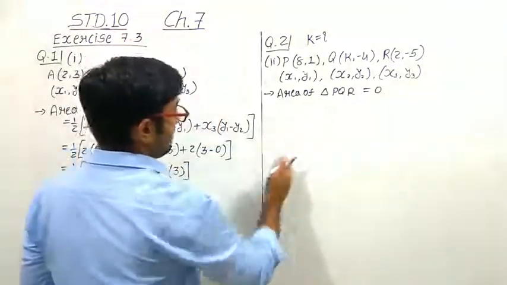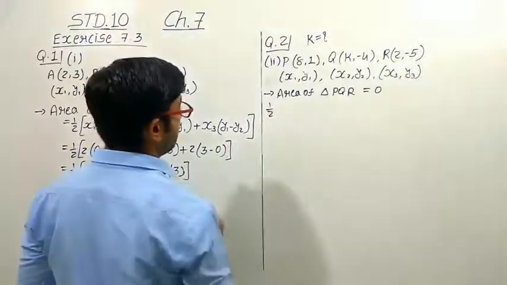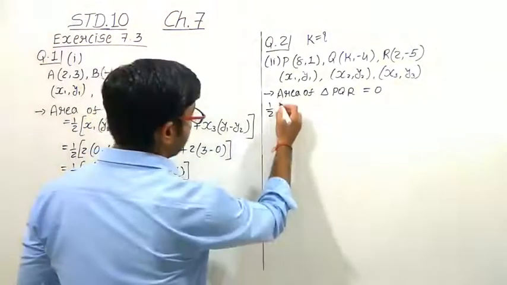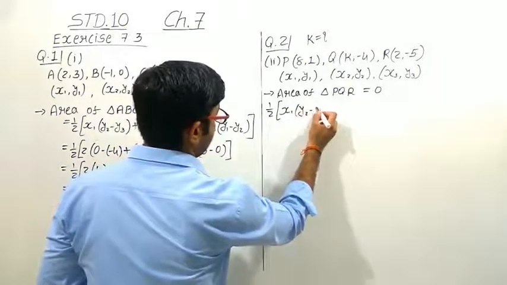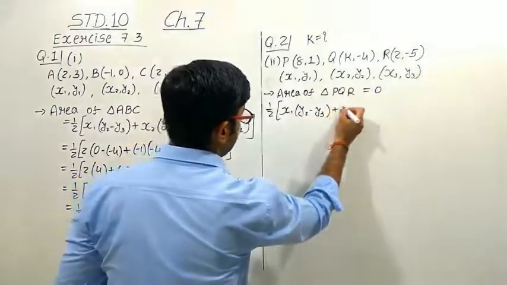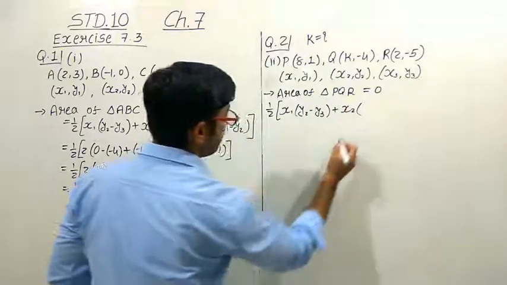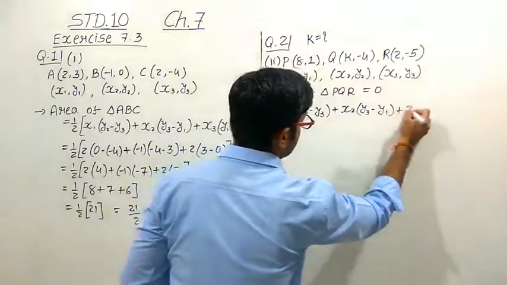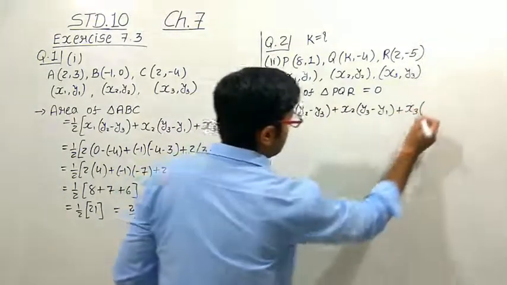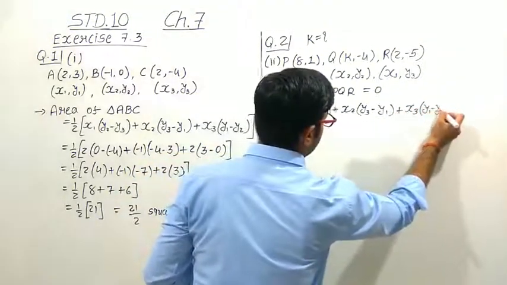So what is the area formula to find the area of the triangle? That is 1/2 [x1(y2 - y3) + x2(y3 - y1) + x3(y1 - y2)].